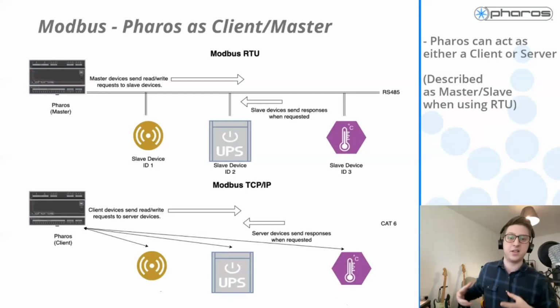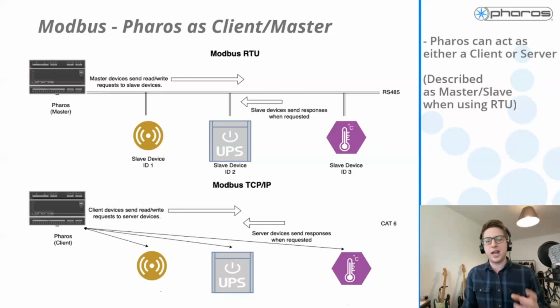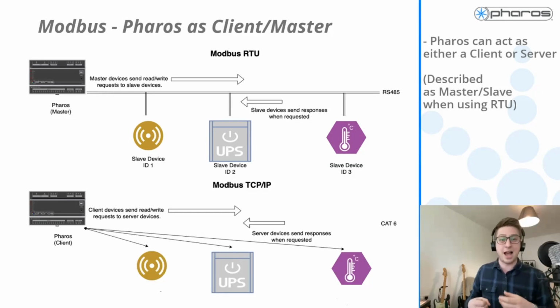Now, as I said at the start, Pharos is not a fully blown building management system. But what you do tend to find with a lot of Modbus devices, especially in smaller setups, is that it's quite useful sometimes for Pharos to act in this way so that it can read and write Modbus data to devices such as UPSs, thermostats, sensors.